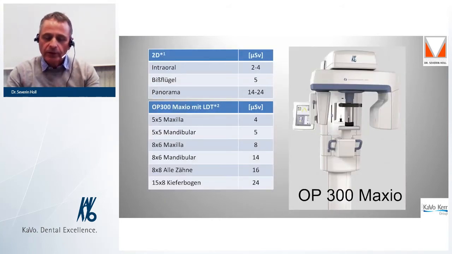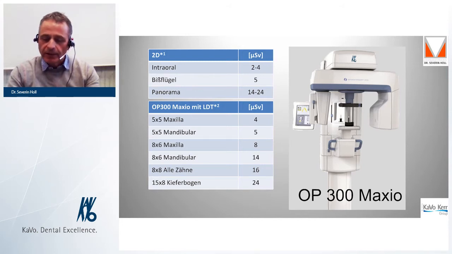If we take a look at the radiation exposure of our dental radiography, we have for intraoral and bite-wing about 2 to 5 microsievert. A panoramic picture needs about 14 to 24 microsievert. Now consider the values of the new OP 300 Maxio from KaVo.